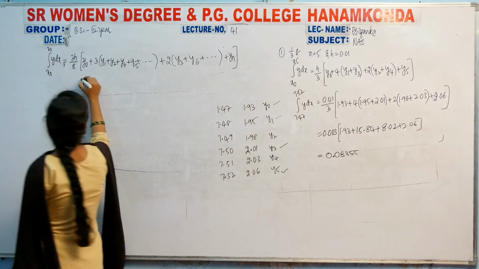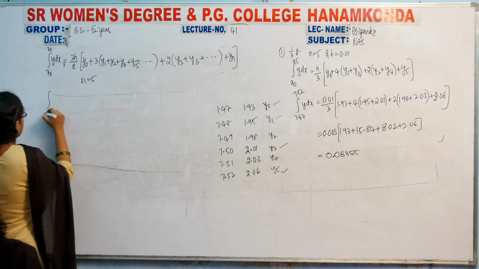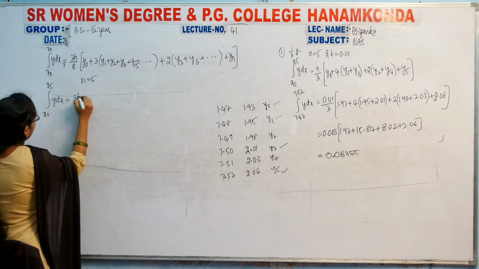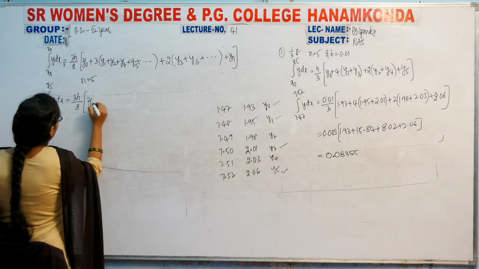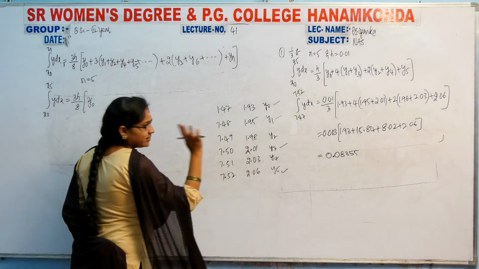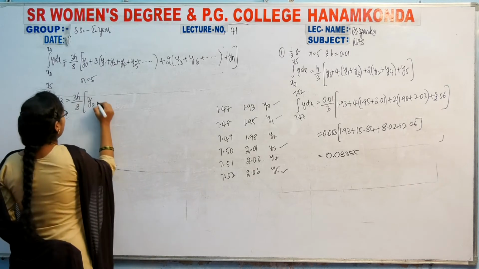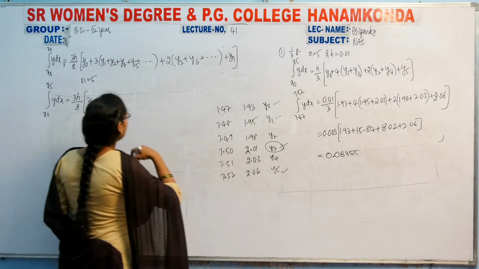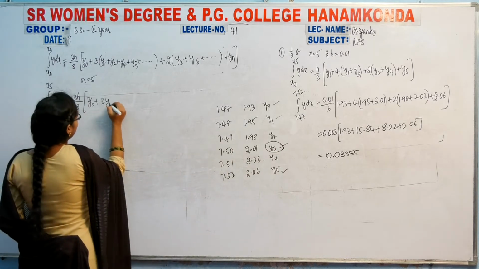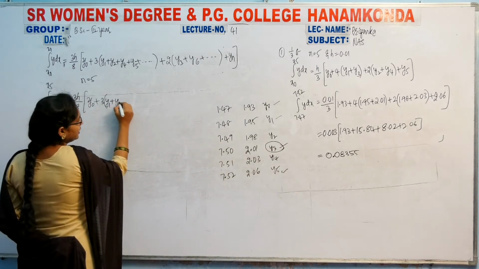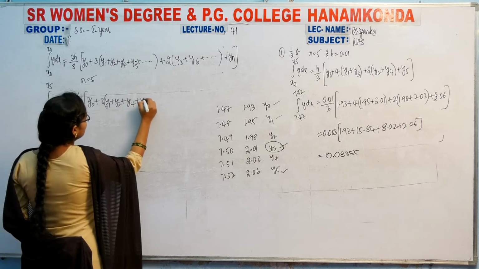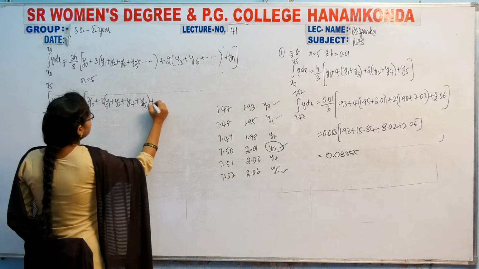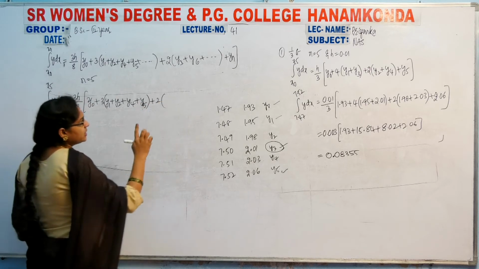Now here n is equal to 5. Now x0 to x5 y dx is equal to 3h by 8 y0. So y0, yn are individual values. So y0 plus 3 of y1 plus y2 plus y4 plus y5, and y3 is one 3 multiple, so plus 2 of 3 multiples.